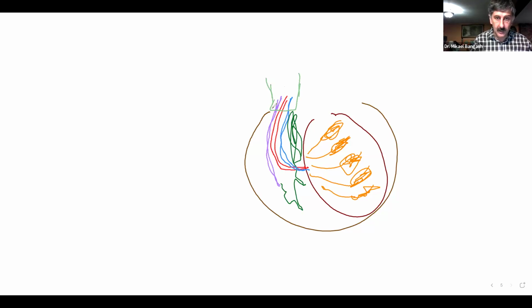These are together going to be enclosed in a sheet of fascia, which is just a thicker membrane, which is going to enclose the vas deferens.